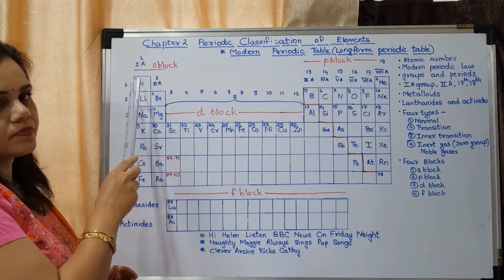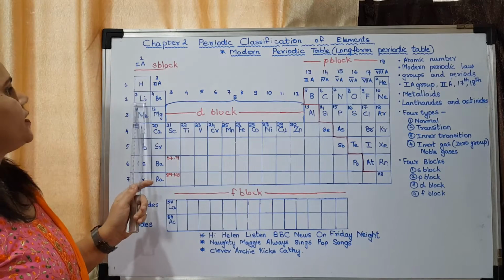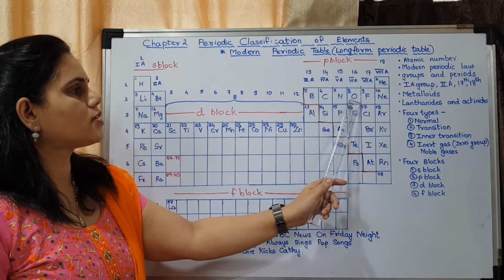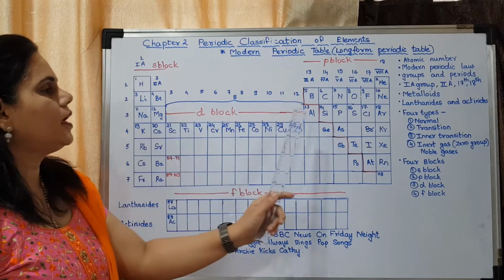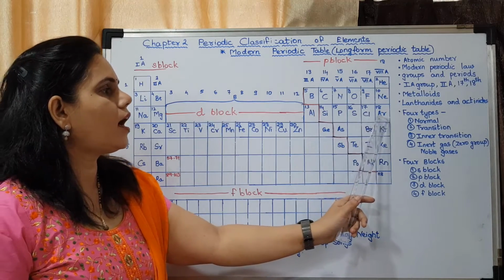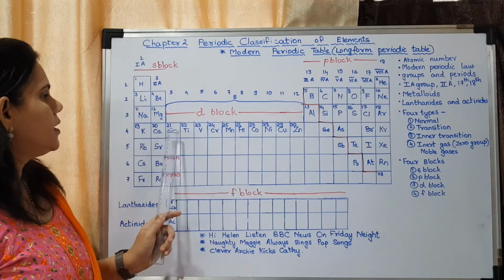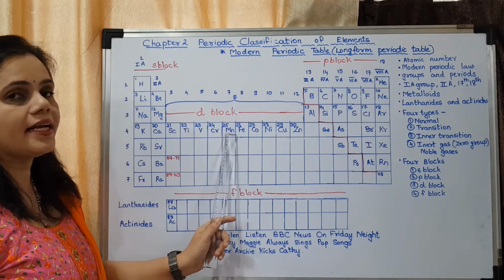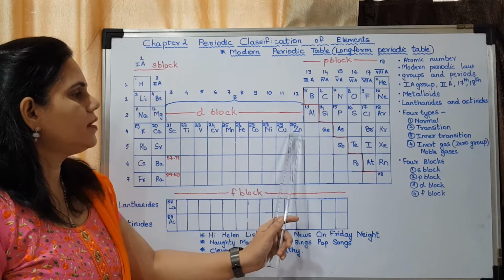The first one, hydrogen, that is 1, helium, lithium, beryllium, boron, carbon, nitrogen, oxygen, fluorine, neon, sodium, magnesium, aluminium, silicon, phosphorus, sulfur, chlorine, argon, potassium, calcium, scandium, titanium, vanadium, chromium, manganese, iron, cobalt, nickel, copper, zinc.